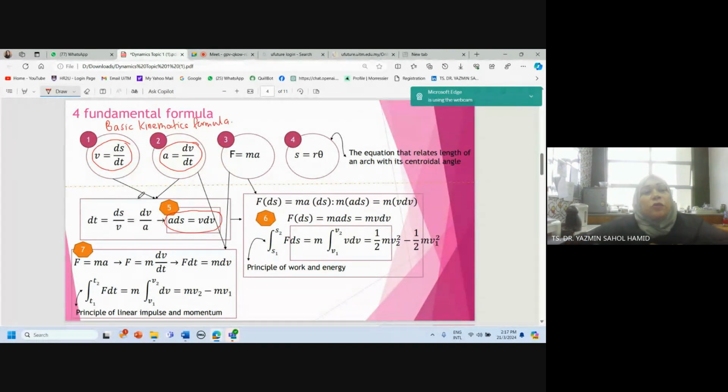Okay, so V represents velocity, S represents position or displacement, T represents time, and finally A represents acceleration. The unit for velocity will be meters per second.